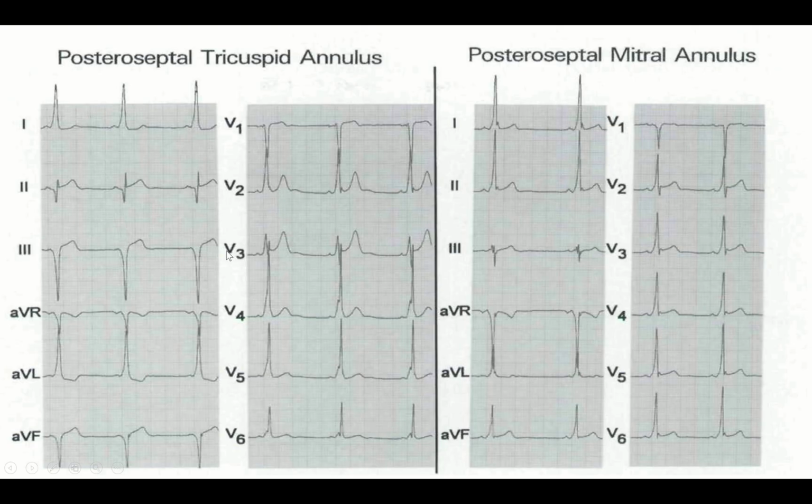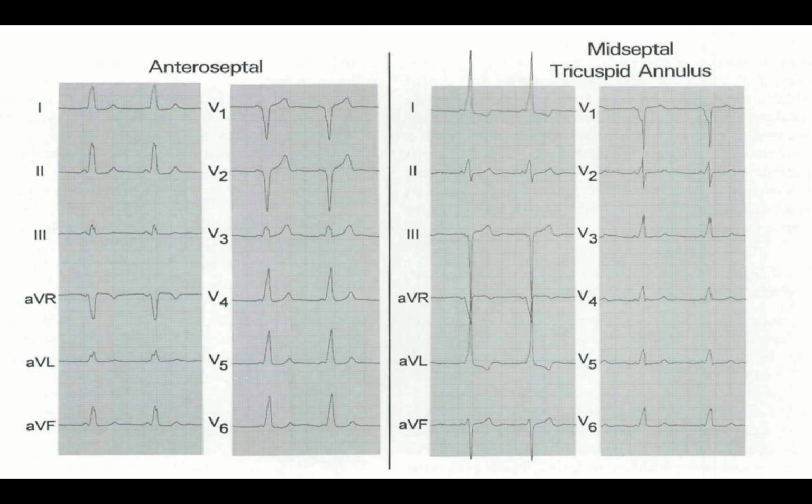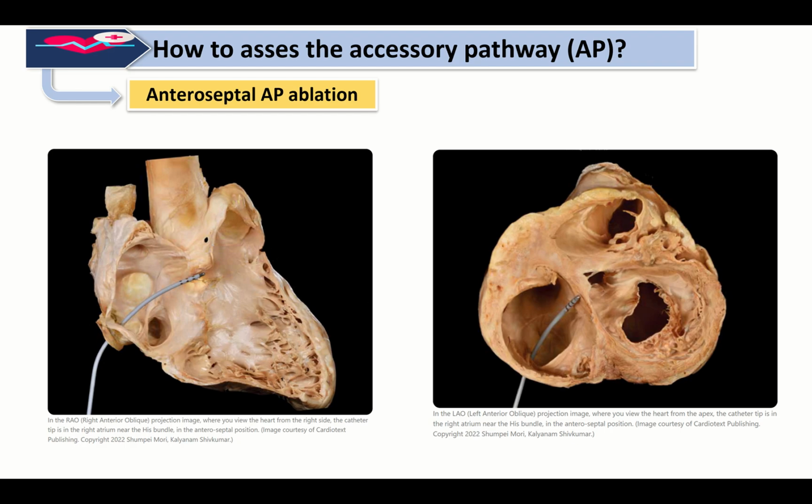Here we can appreciate a clear posteroseptal accessory pathway, and this is an anteroseptal midseptal accessory pathway, and this is a challenging pathway in which you have to be meticulous to avoid AV nodal fast pathway ablation, to avoid unnecessary complete heart block.